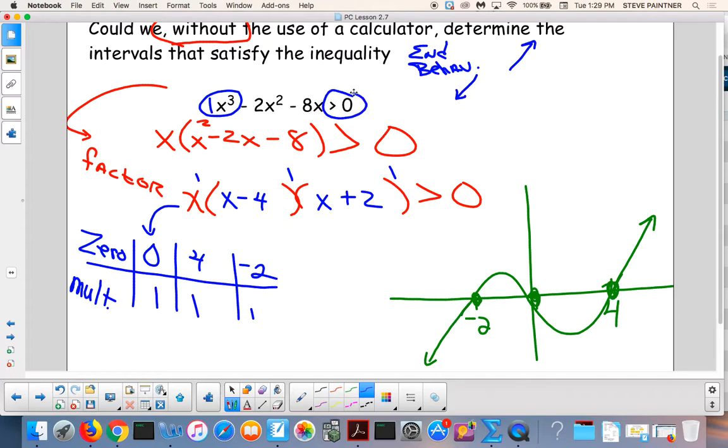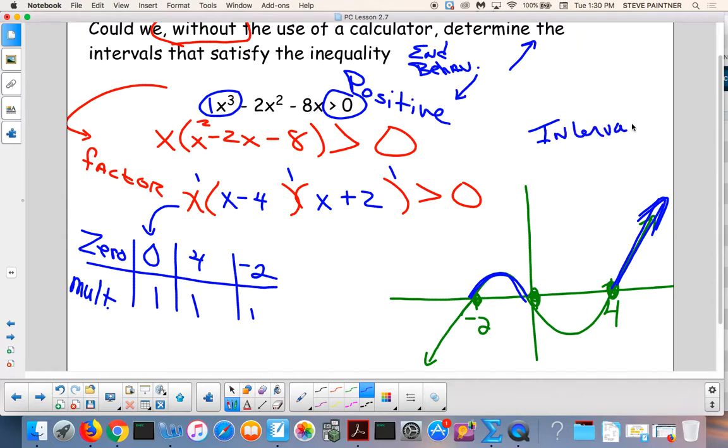what x values make it greater than 0? Make it what? Positive. Well, when I look at a graph, all the positive y values are above the x-axis, right? So there's where the y values are greater than 0. Now, what are the intervals that work here?